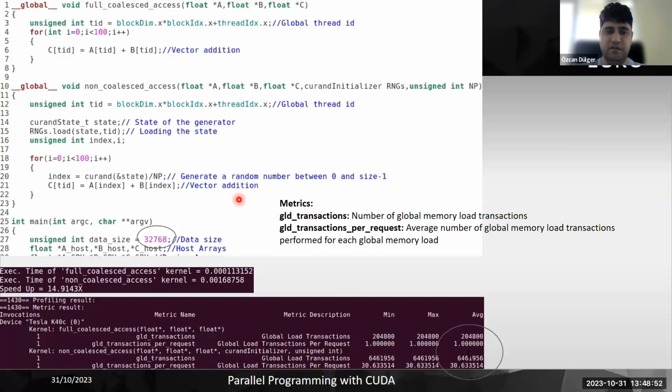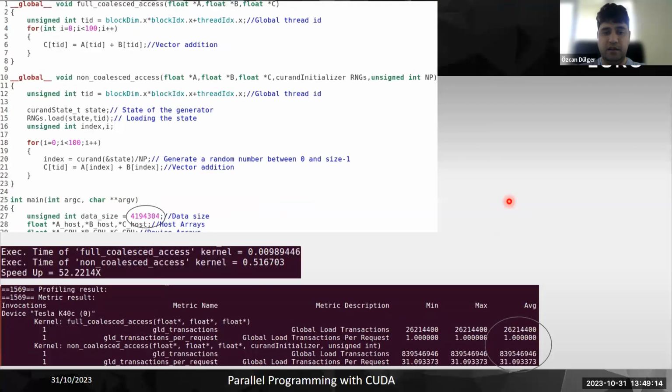And I told you that the number of transactions will be at most 32 transactions. So 30.6 is very close to 32. So we got the correct results from the profiler.